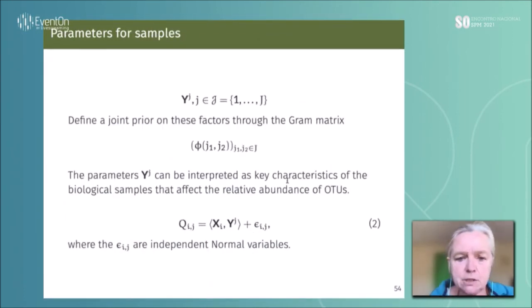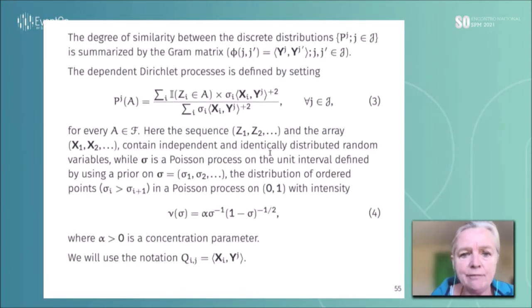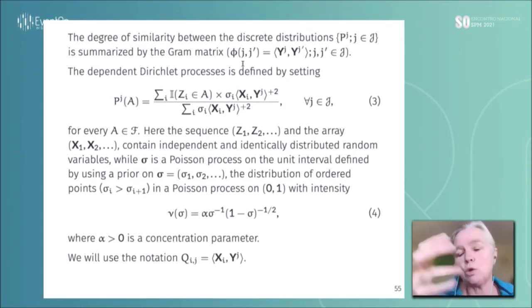So the parameters are these factors, and they're supposed to be these underlying low-dimensional factors that we have. And the degree of similarity between the distributions is measured through this angle that I showed you a picture of, these phi j, j prime.